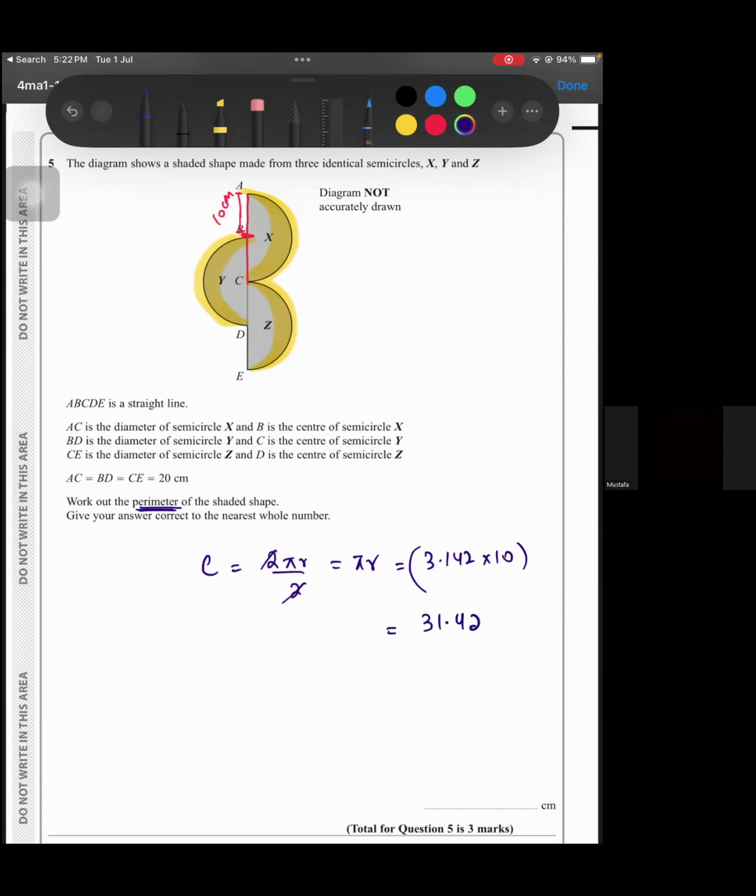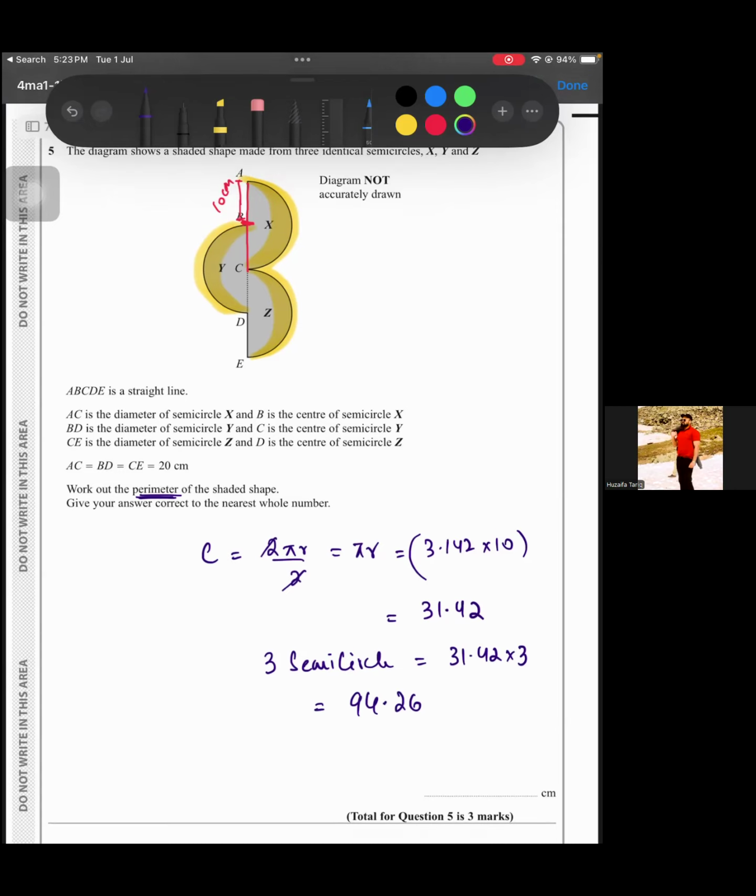Next, you have to multiply by 3, because here we have only calculated for the first one. For 3 semicircles, 31.42 times 3 gives you 94.26. Now, whenever we have to find the perimeter, we have to add the outer surfaces of a shape.